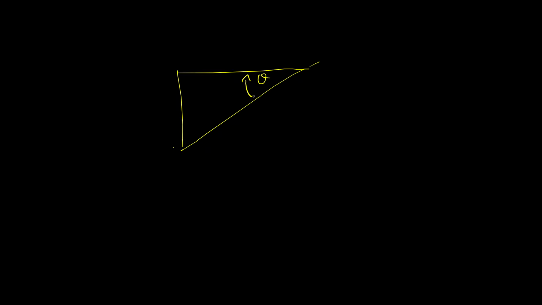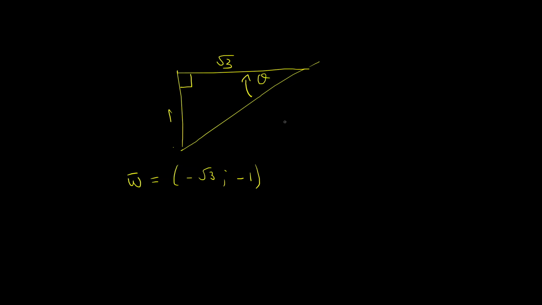Let's say this is a right angle triangle, and let's say this side is square root of 3, and this length is 1. So our coordinate, let's say our vector is w, and this vector is going to be minus square root of 3 and minus 1.